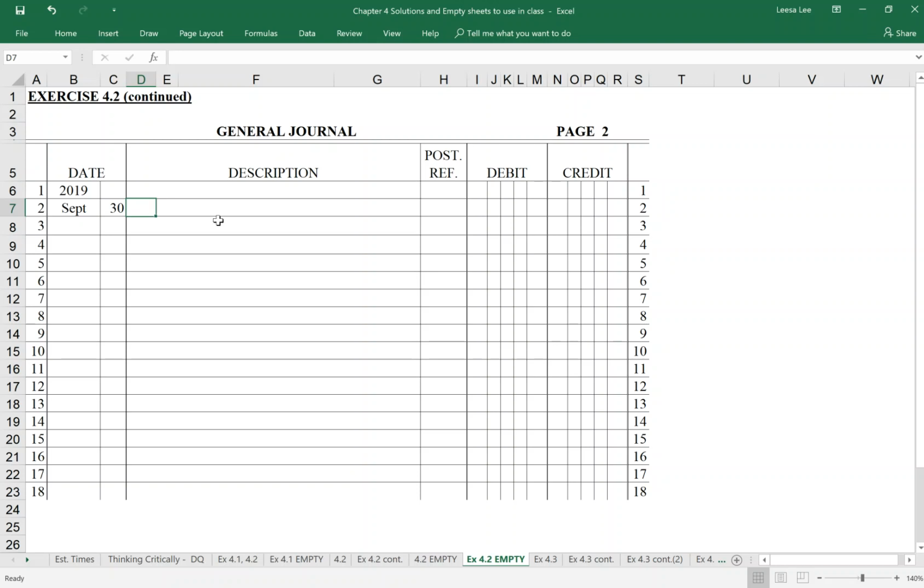So the Zach Mason drawing is the account we'll use to take money out, and we're taking out $1,500.